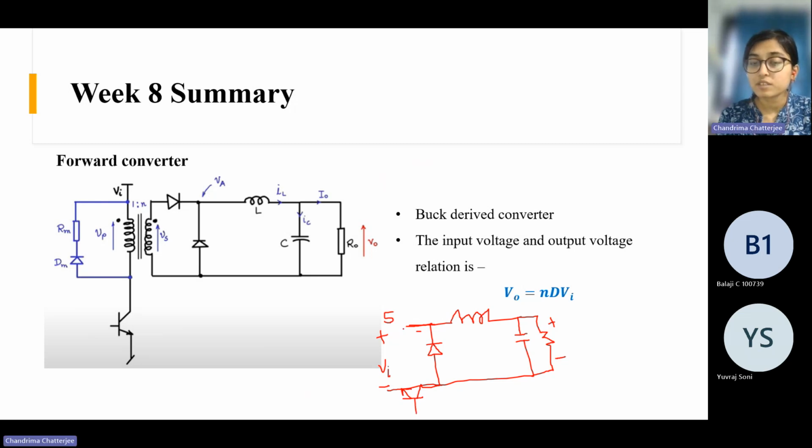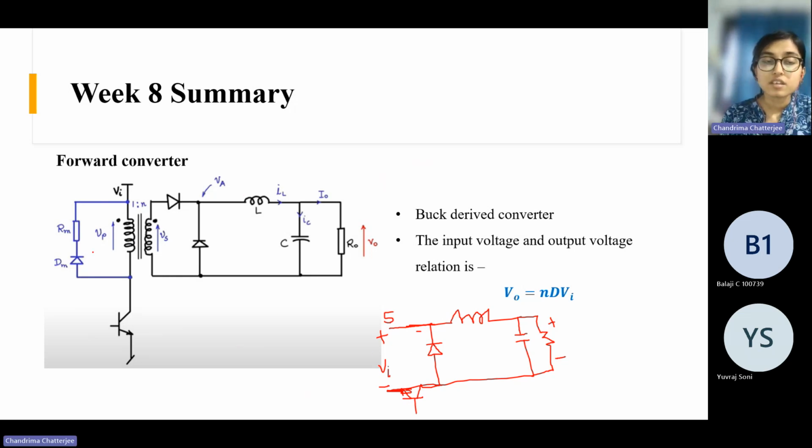Instead of keeping it here, we will place the switch in the return path. So this will not be here, and the current will come back and go like this. Now this emitter terminal is connected to the ground. This is one change.